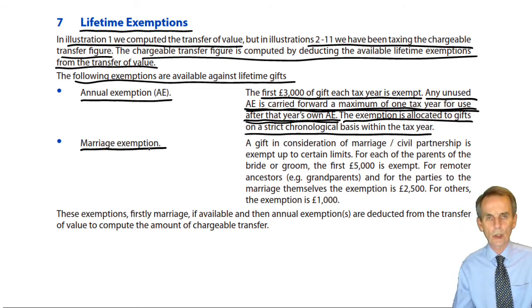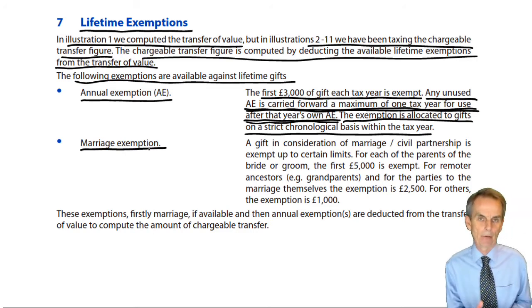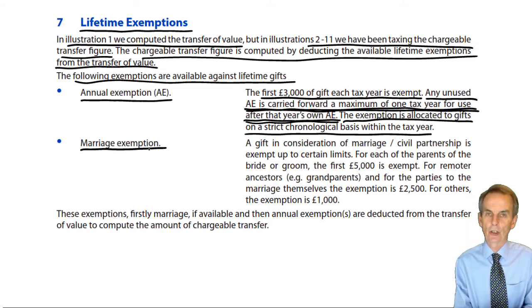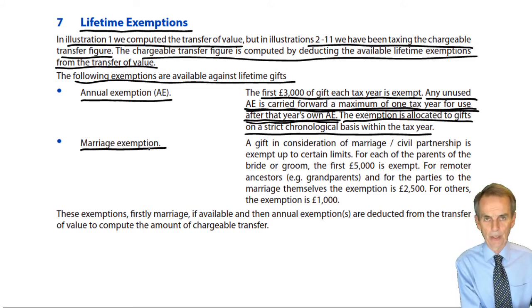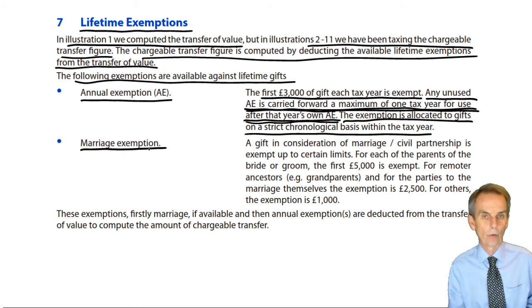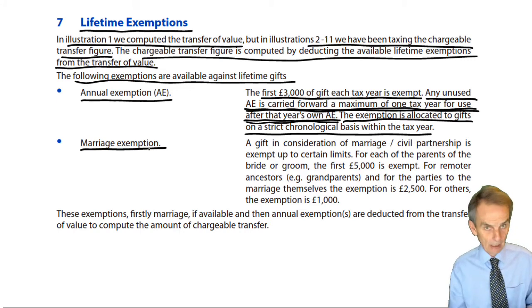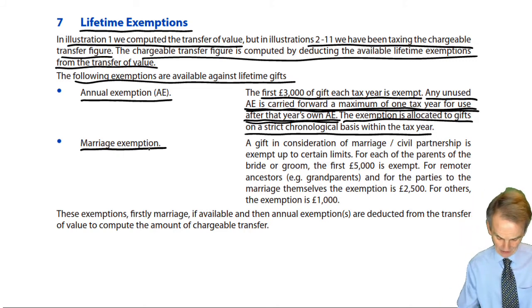You will always use this specific marriage exemption first, and if the transfer of value is bigger than the marriage exemption, you then go on to use the annual exemption for that tax year, and if necessary, the preceding tax year's unused exemption brought forward. So marriage exemptions, if applicable, will be used before any annual exemption.